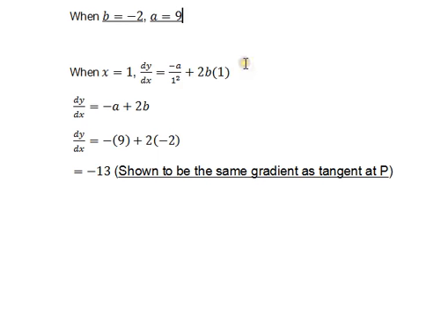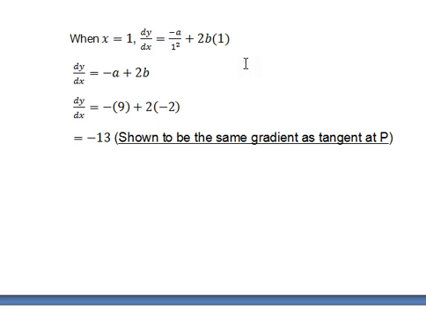As for the next part of the question, we need to show that it has the same gradient as the point at point P. So by using the derivative that we found earlier, at x is equal to 1, substitute values in, we obtain this. dy over dx is equal to negative a plus 2b.